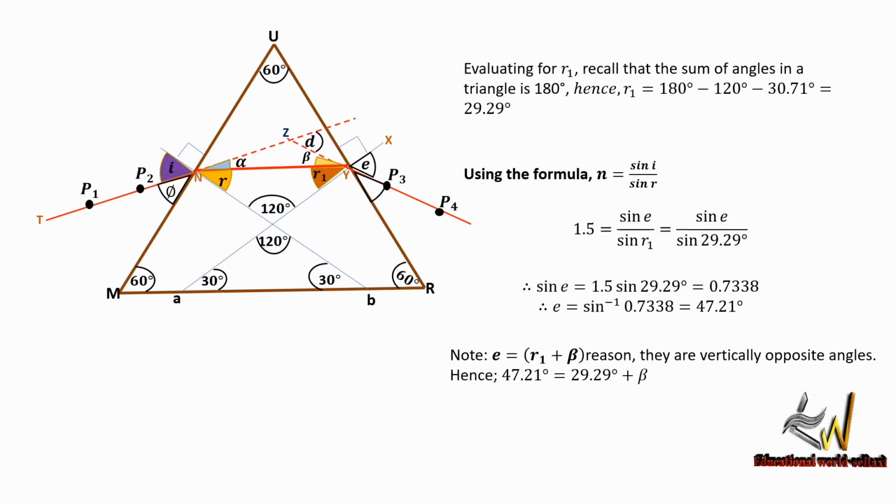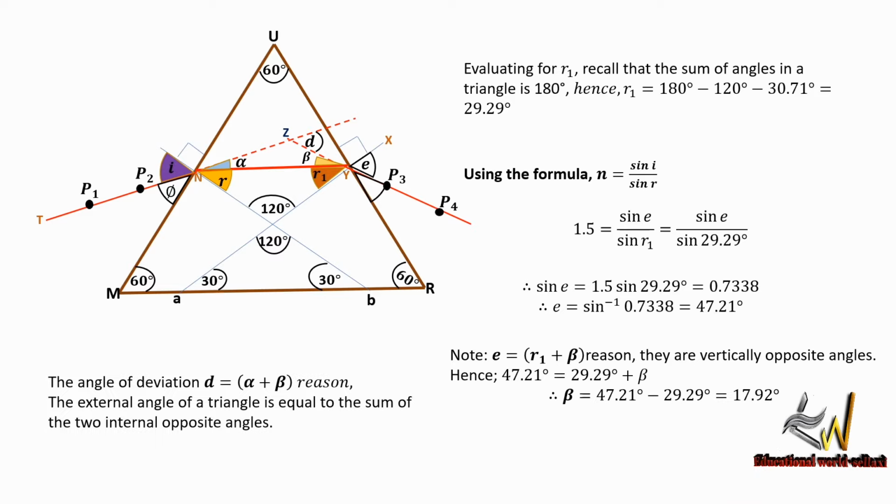Now note that the vertically opposite angles are equal. Now E is equal to R1 plus beta, hence beta here is equal to 47.21 degrees minus 29.29 degrees, which leaves us with the value of 17.92 degrees. Now the angle of deviation D is equal to alpha plus beta. I've given you the reason.